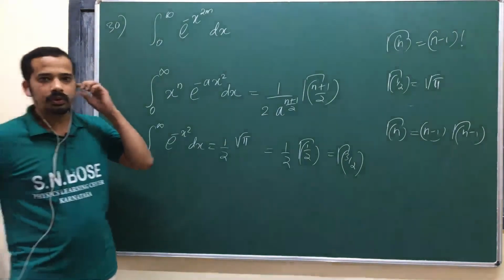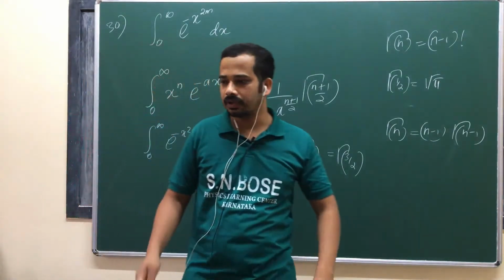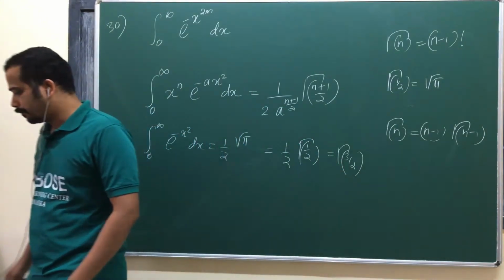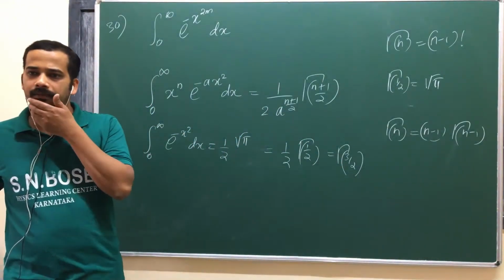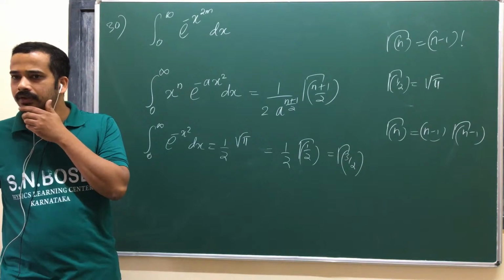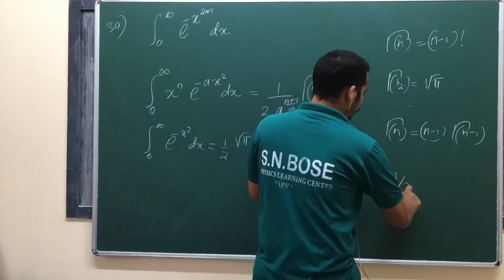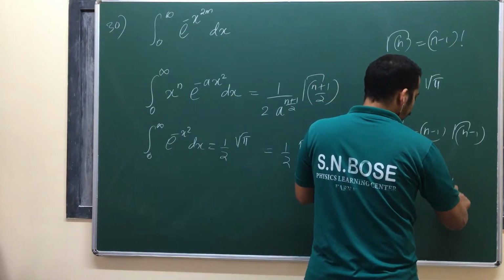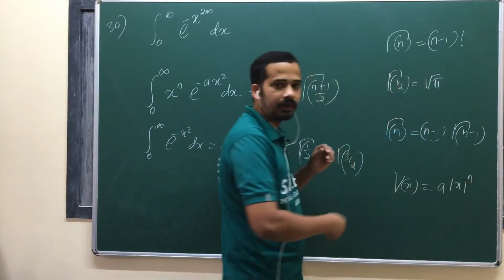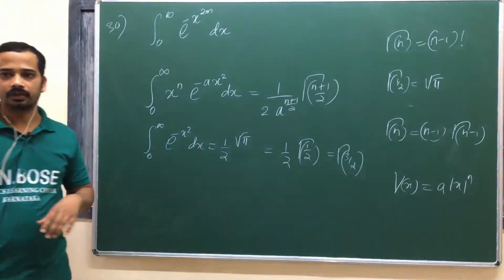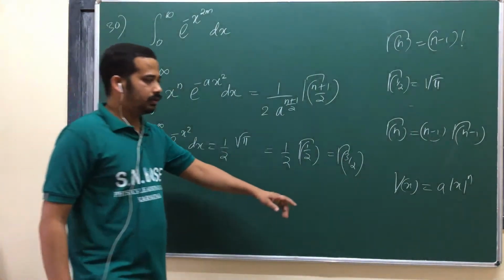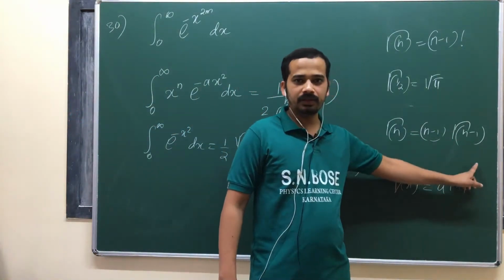There was one old CSIR-NET question on Hamilton-Jacobi theory: find the time period of oscillation, given the potential V of x equal to some a mod x power n. What you can do is take the harmonic oscillator, n equal to 2.